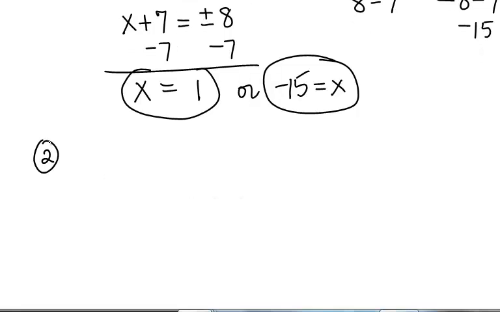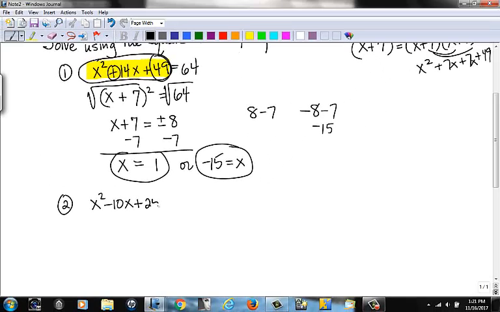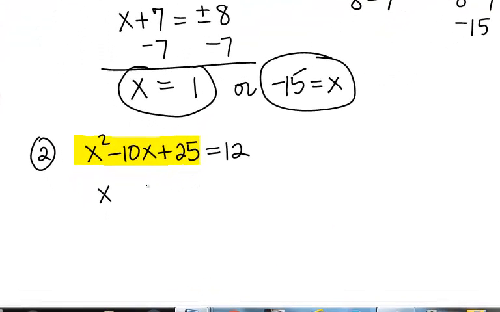Say they give you x squared minus 10x plus 25 equals 12. Two ways to work it. You could subtract 12 on both sides, get it in standard form equals 0, and factor it. But if you look and recognize on the left side, that is a trinomial square. X squared is a perfect square of x. 25 is a perfect square of 5.